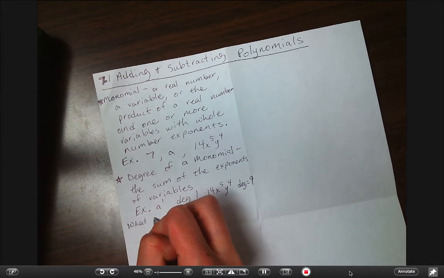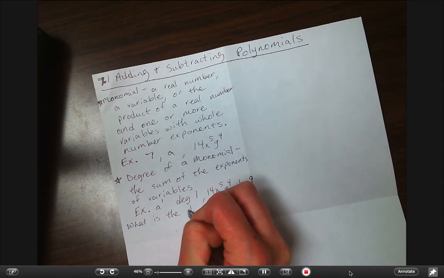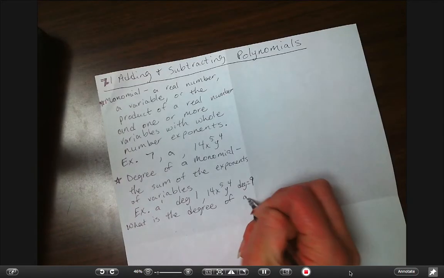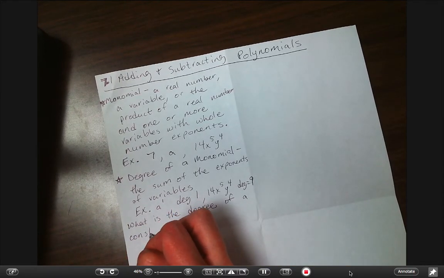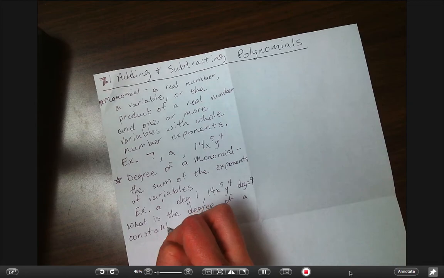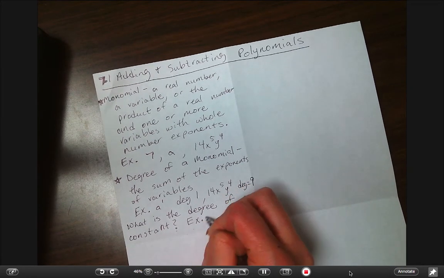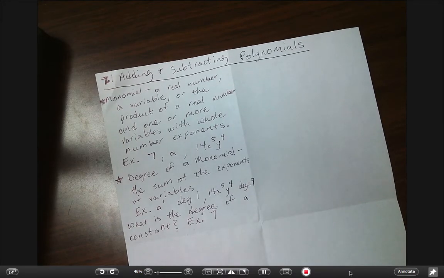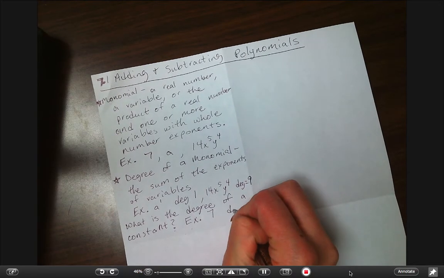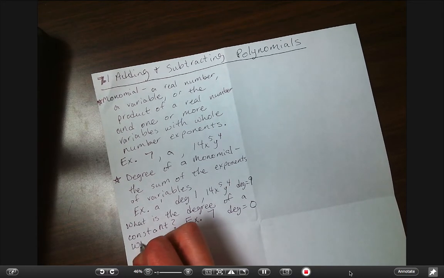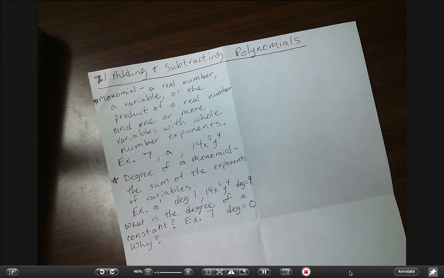What is the degree of a constant? For example, 7. 7 is a constant, so it has degree 0. Why does it have degree 0?